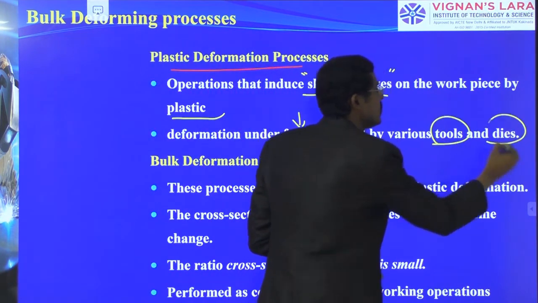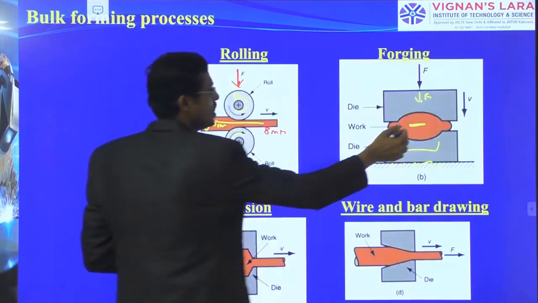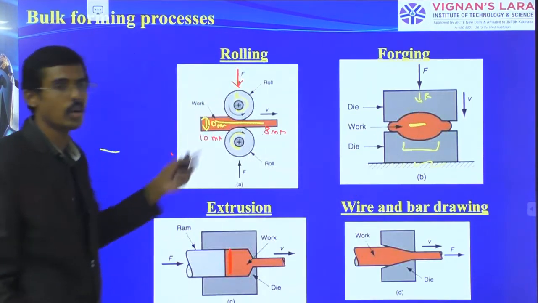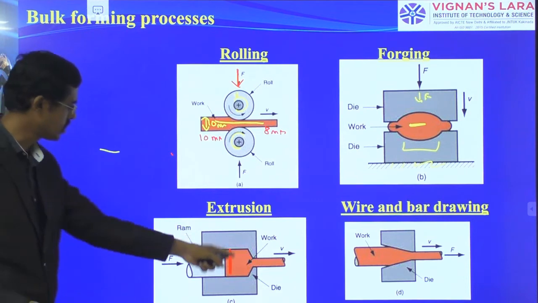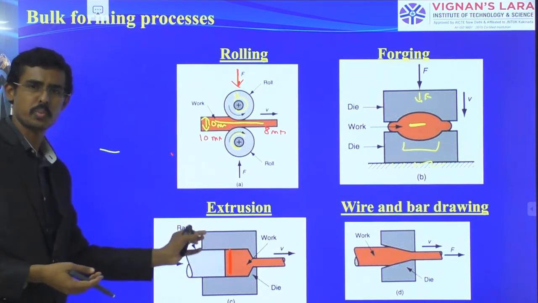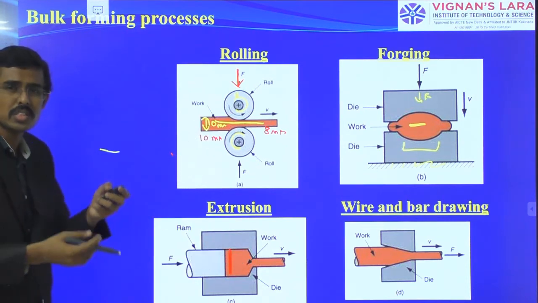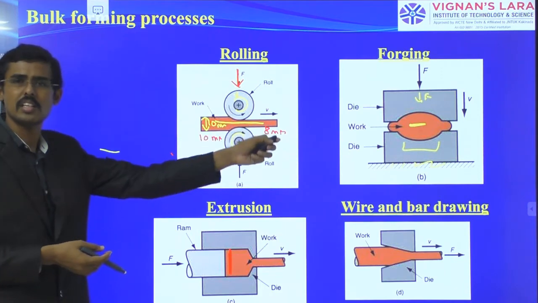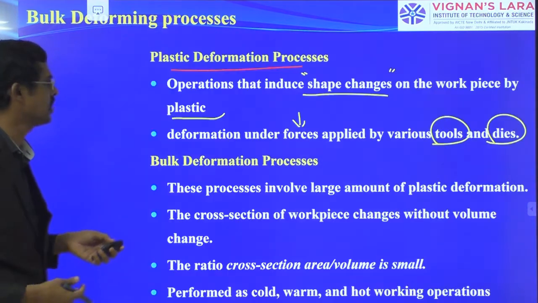You see, we are using the die here, we are using the roller here. In such a way we are using rams and pistons for the processing action. So tools and dies are used to change the shape and the thickness, wherever deformations are occurring.